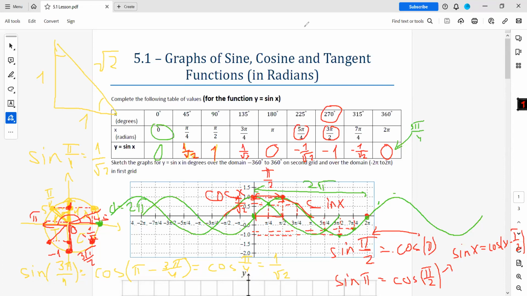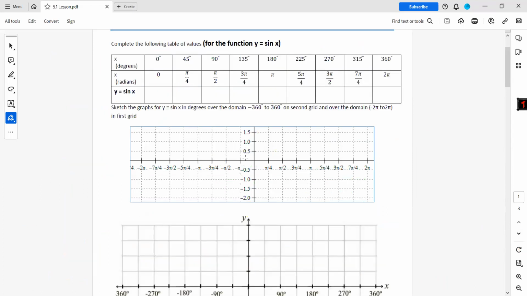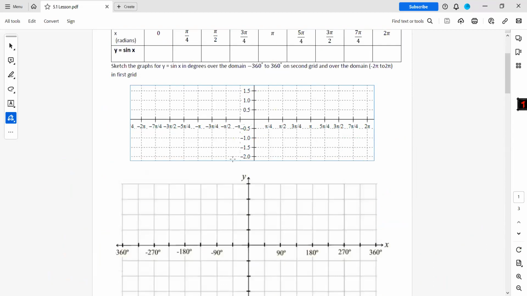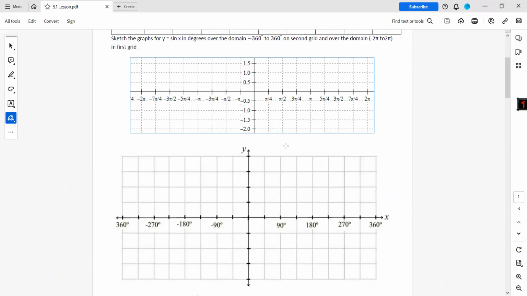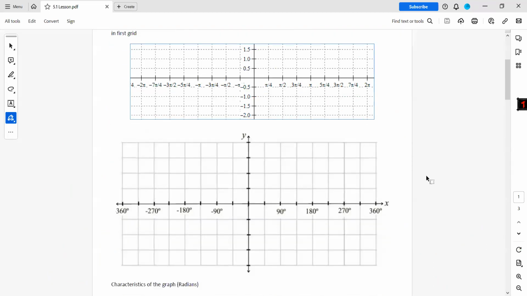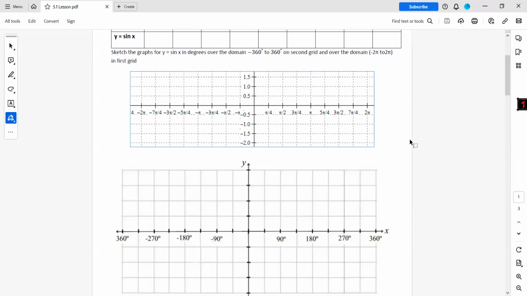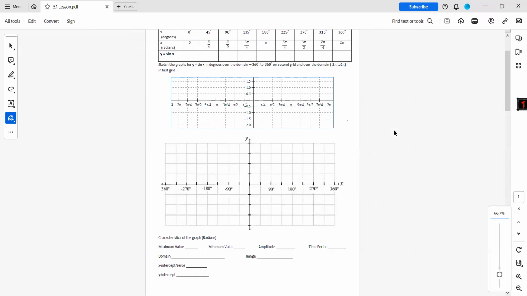Okay, guys, I'm gonna clear this now. And I would love you to do exactly the same thing, but with degrees, while we still have a little more time, so you can practice sketching the sine function. Also, it is preferable to fill out the tables of characteristics.